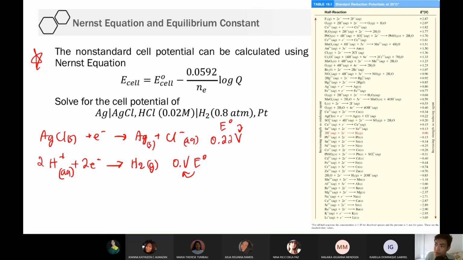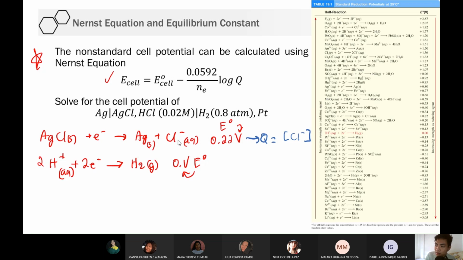So, in solving for the non-standard cell potential, you use the Nernst equation. Okay? So, let me show you the Q. Kasi ang Q yung hinahanap nyo dito, di ba? Pag ipa-plug in nyo siya sa Nernst. The Q for this one will be chloride ion over nothing. Okay, so product over reactant.